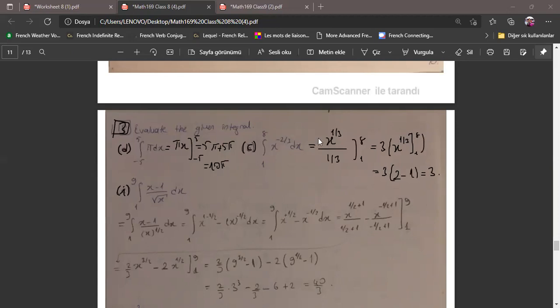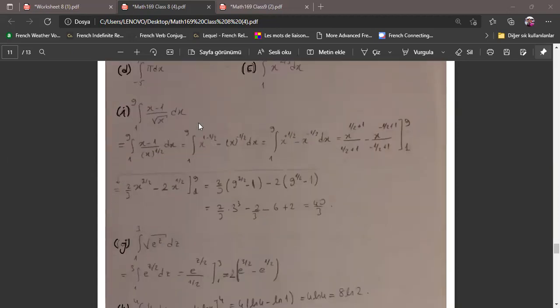These were pretty simple. So what about this? Here we have in the denominator x to the 1 over 2, right? So if we multiply these terms by this one, what do we get? Here we have, from 1 to 9, x over x to the 1 over 2 minus 1 over x to the 1 over 2 dx, right?